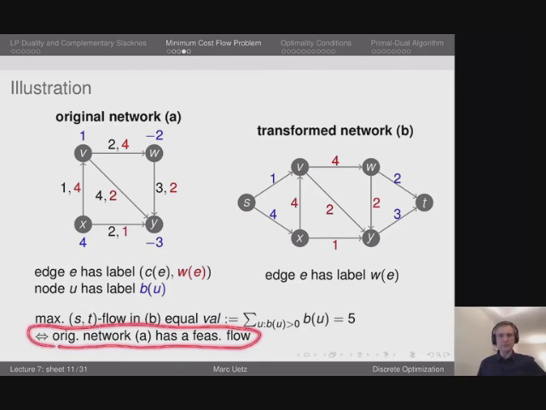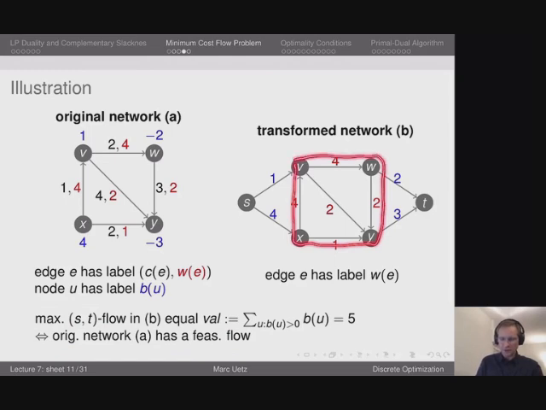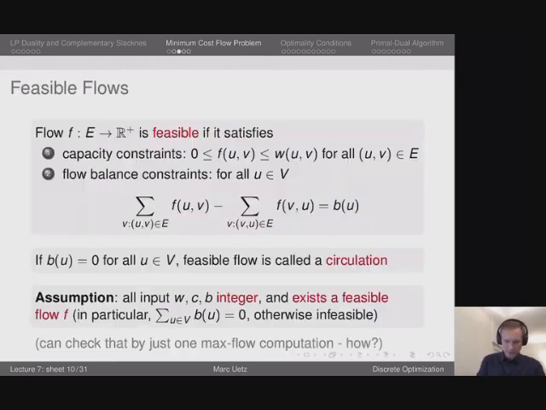And of course, this is an if and only if. Indeed, the flow in the auxiliary network can be translated into the original network, exactly satisfying the required supplies and demands. All right. So indeed, our final assumption here, the existence of a feasible solution, is justified. We can just check that by one maximum flow computation in this auxiliary graph.